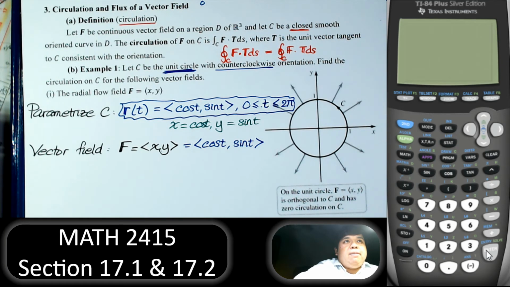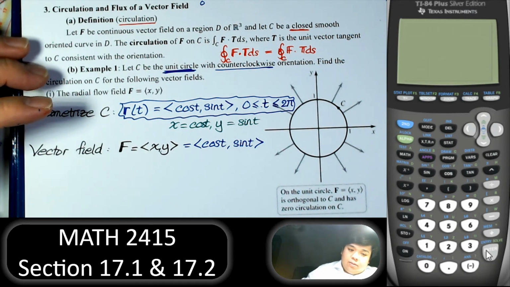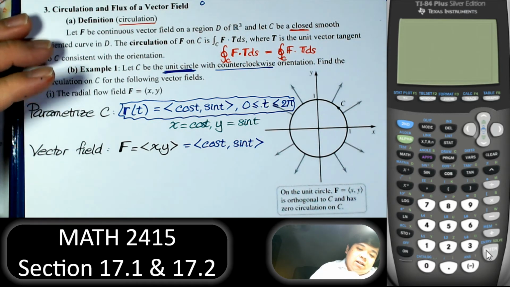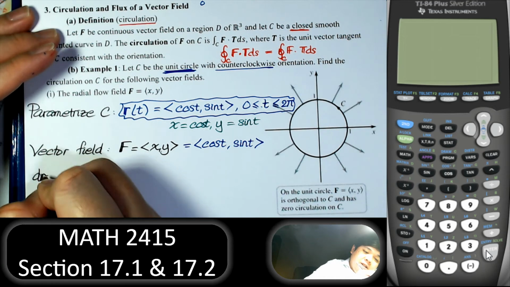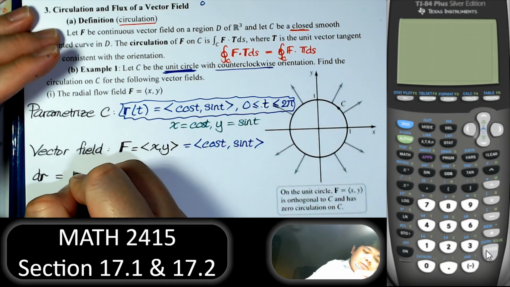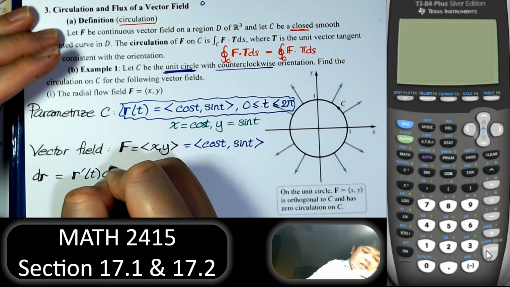Simple enough, right? Next, we need dr, which is the derivative times dt.